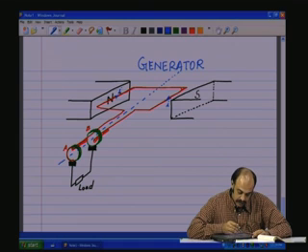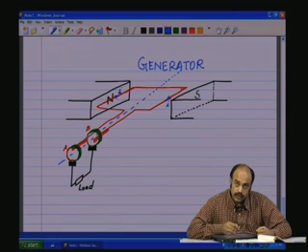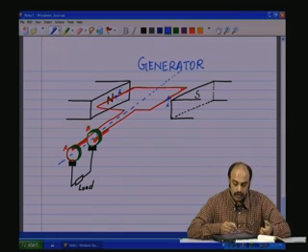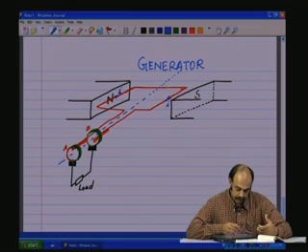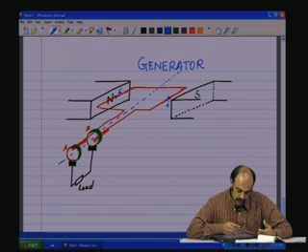So, these rings, which are called the slip rings, are soldered to the coil ends and rotate along with the coil, brushing or making contact with these brushes, which are fixed, of course. So, it is rubbing against these brushes, which means it is in constant contact with the brush.